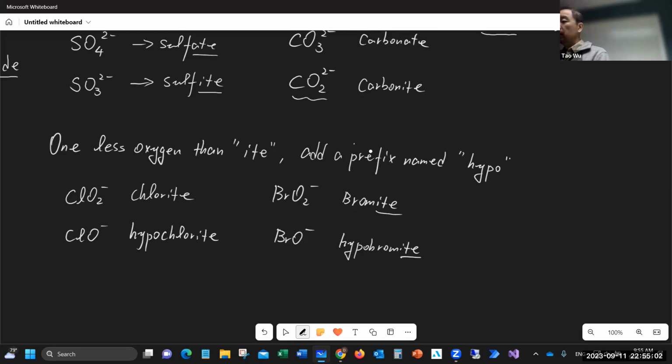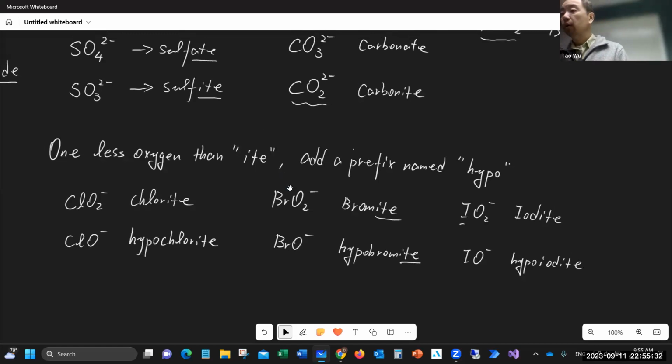And IO2 minus, this is called iodite. And the IO minus, that's called hypoiodite. Okay, so you see, we're only adding a prefix in front of this. Are you clear? Okay, yeah.